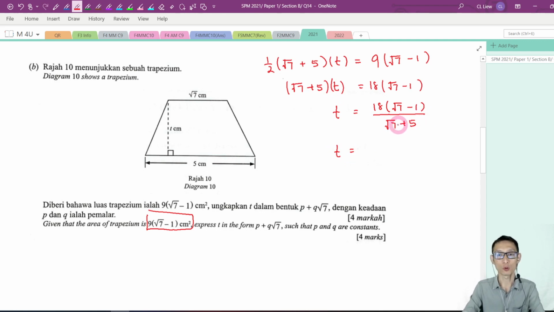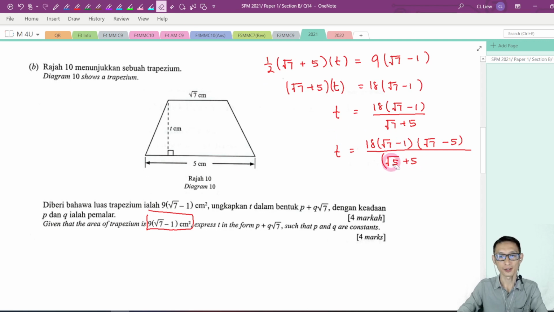So I'm going to multiply here by the conjugate of this, and do the same thing for the numerator. So the conjugate of this will be square root of 7 minus 5. Let me write this one first. Oh, this is 7.